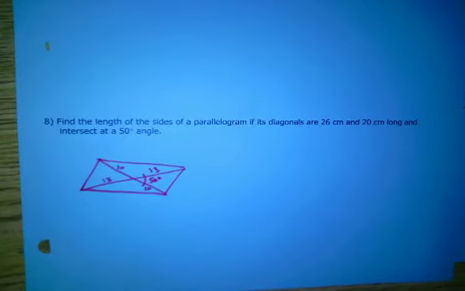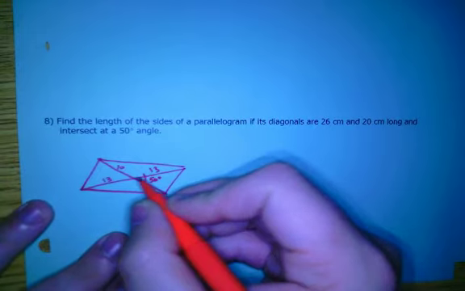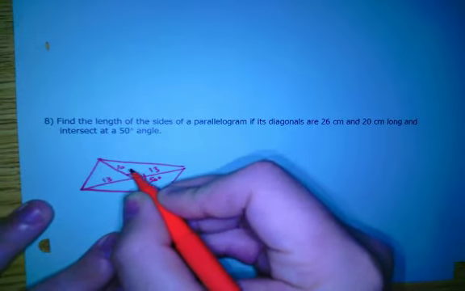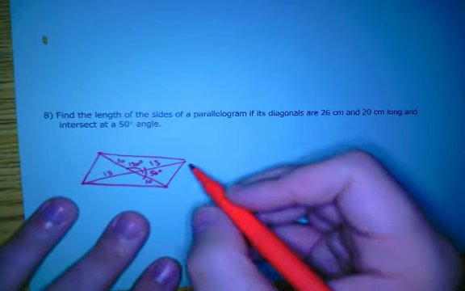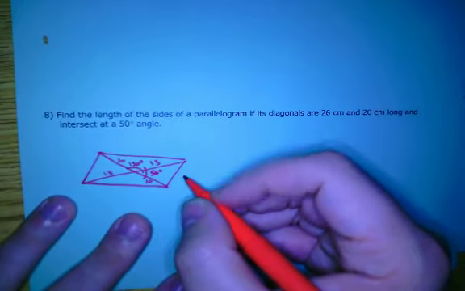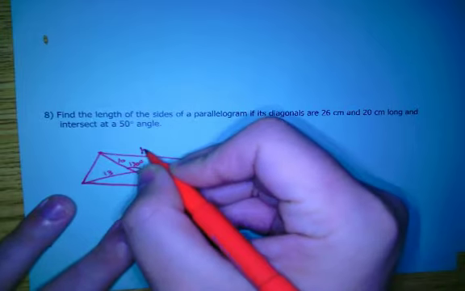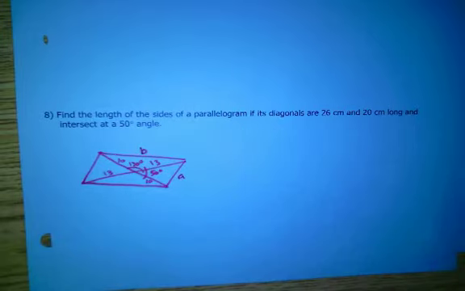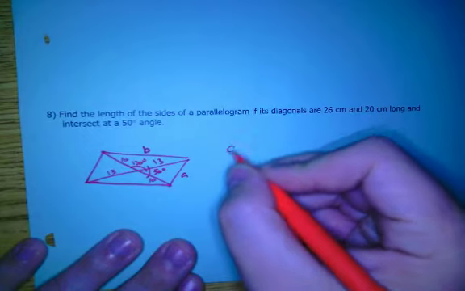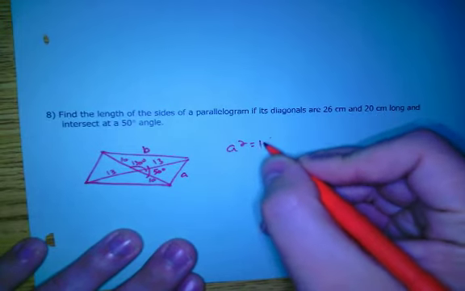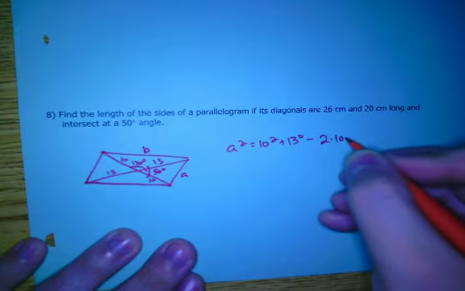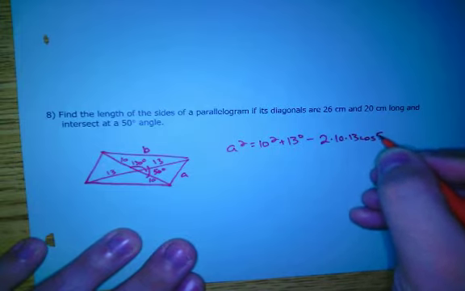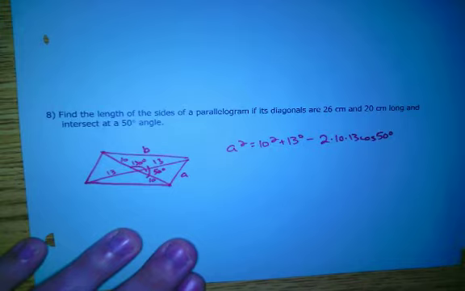Okay, so find the length of the sides. Since this is 50, this right here is going to be 130. All you're going to do is set up the law of cosines to find out this side right here. I'll call this A, and this side right here, I'll call this B. So to find A, it's going to be A squared equals 10 squared plus 13 squared minus 2 times 10 times 13 cosine of 50 degrees.